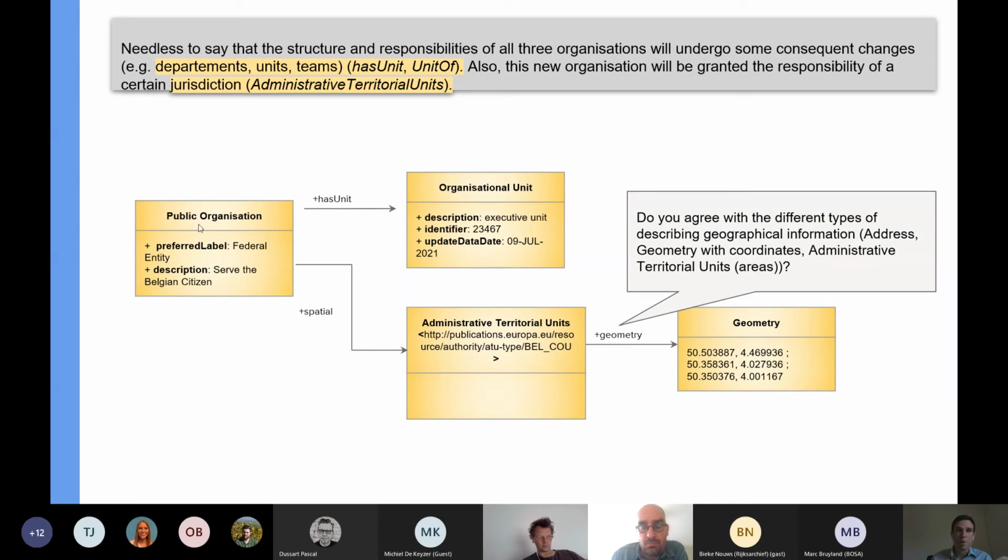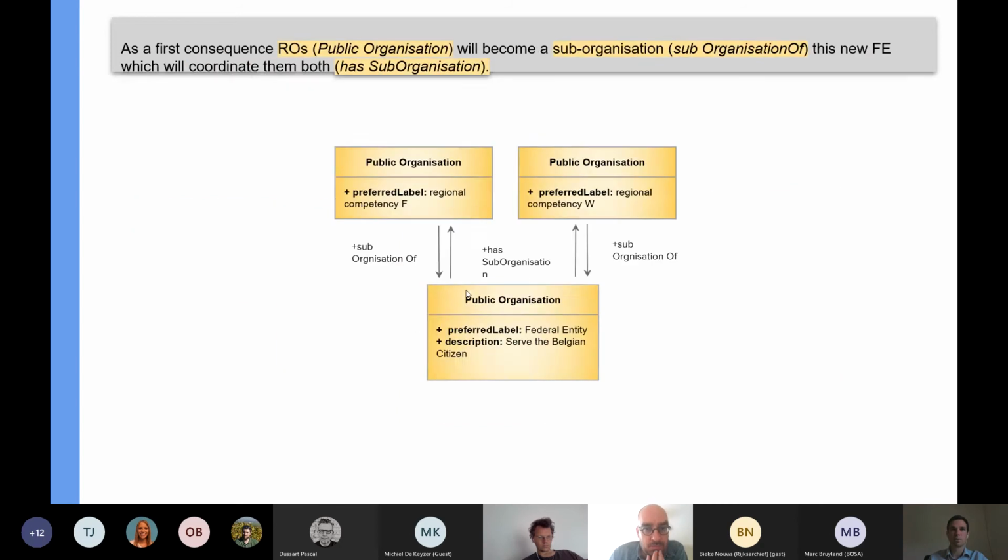So we could combine this with a self-relationship of public organization, where a public organization can have sub-organizations, as we have seen. And each of them can have a spatial coverage, a spatial range. Or not, of course. And maybe that's something we could define, whether there should be at least one or not.